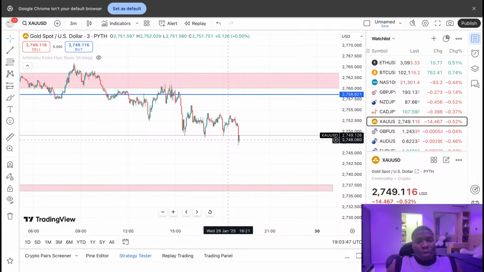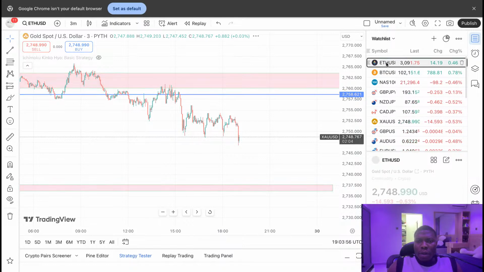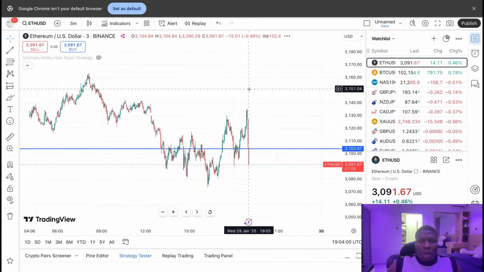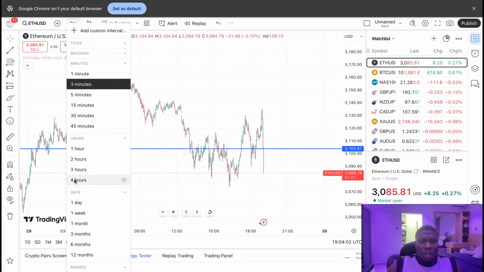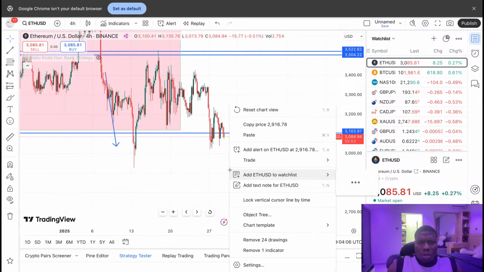So quickly, let's check crypto. Let's see what crypto is doing. Okay. I also feel crypto is going to range within this zone.